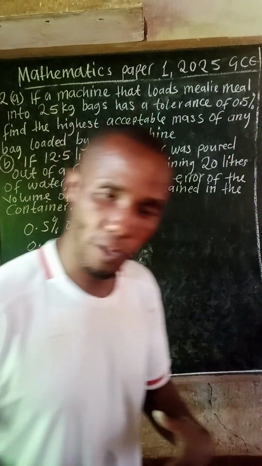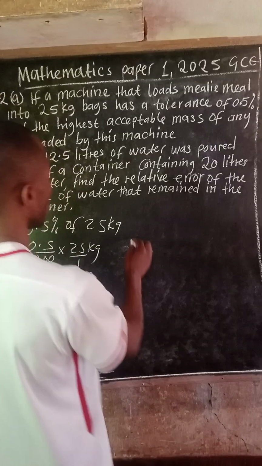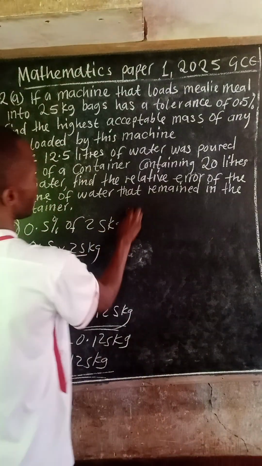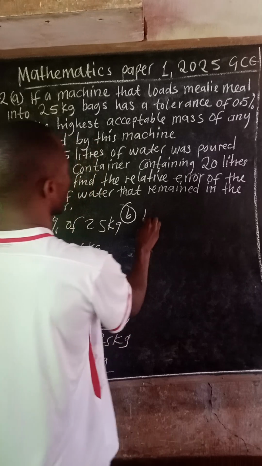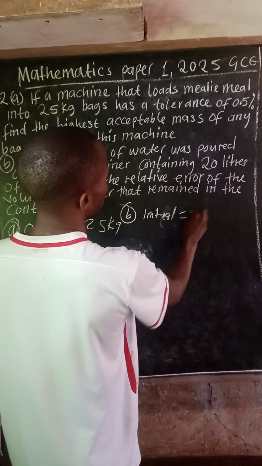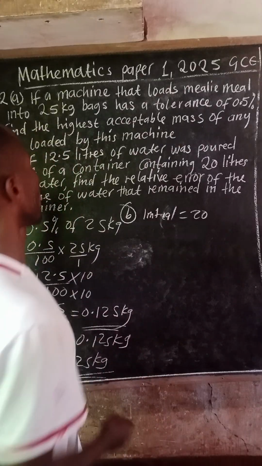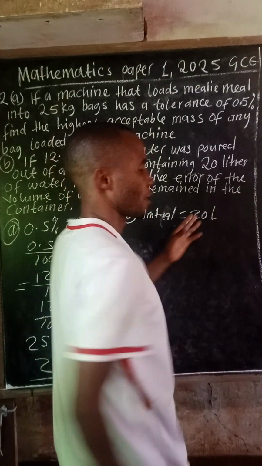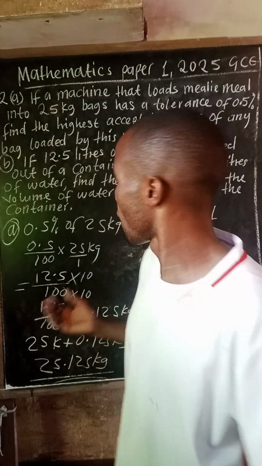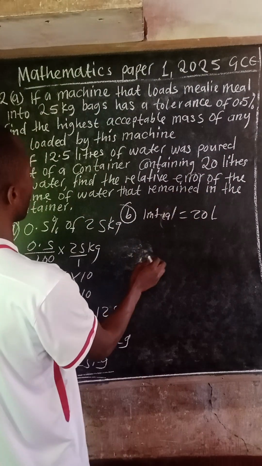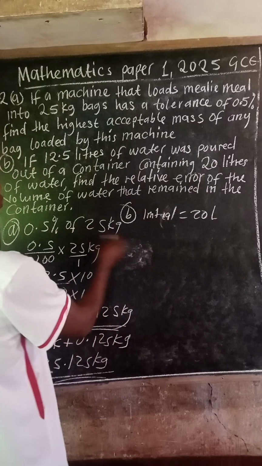So what we are going to do is, the initial volume is 20 liters. The amount of water that was poured out was 12.5 liters.